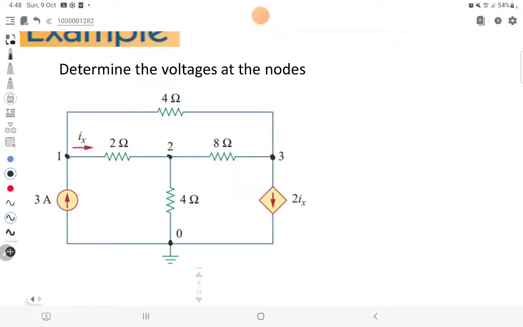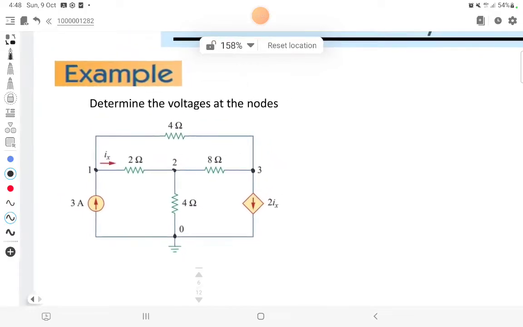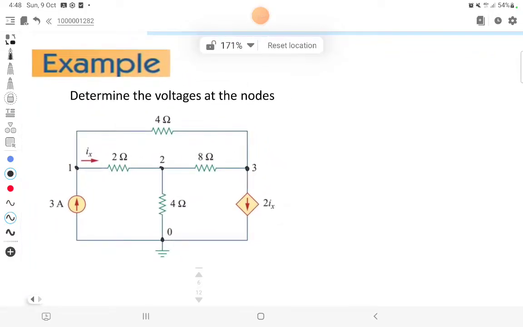As a tip, before solving any current or voltage in the circuit, try to analyze what sources are present in the circuit. We have two kinds of sources: an independent current source and a dependent current-controlled current source.